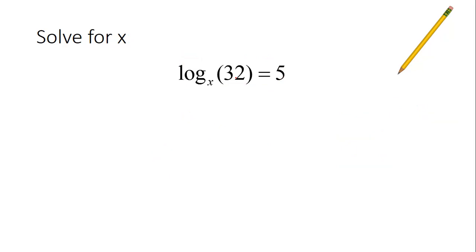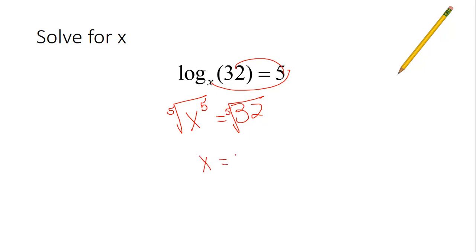Well, the log is alone, right? I need to get this base out of there, so I'm going to solve here. So x to the 5th is 32. So I just convert it into exponential form. Well, I'd have to take the 5th root, right? Because that's how I can undo that 5.